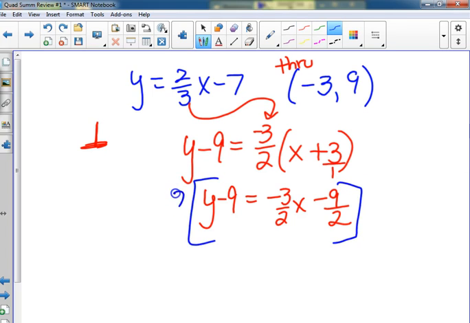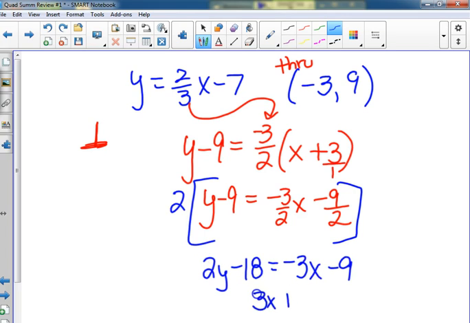I would right there multiply by 2 so that I could get rid of the fractions before I had to add anything over there. So I'd end up with 3x plus 2y when I add. It doesn't necessarily say standard form, so read directions carefully.